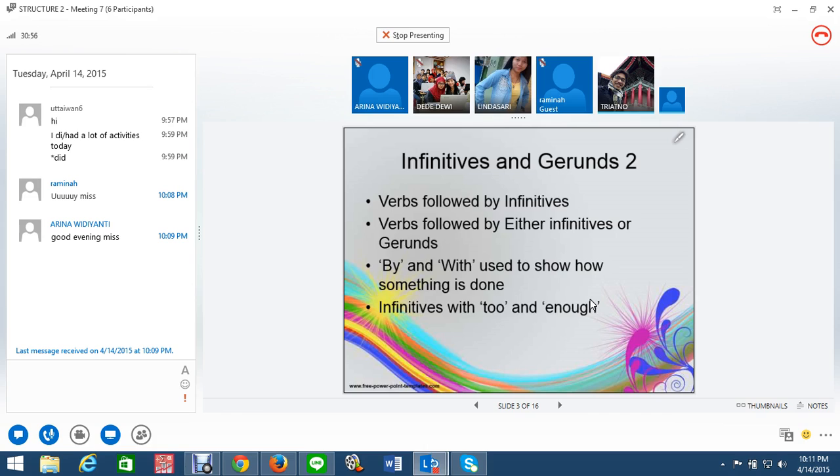Yeah, infinitive is a verb. It can be bare infinitive, it can be to-infinitive, while gerund is a verb that functions as a noun, right?